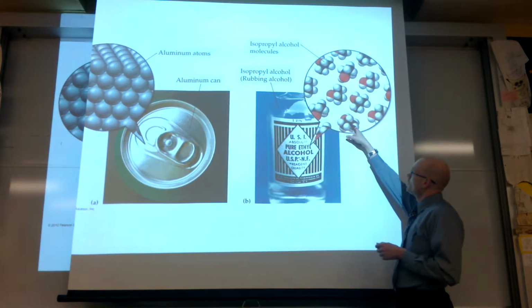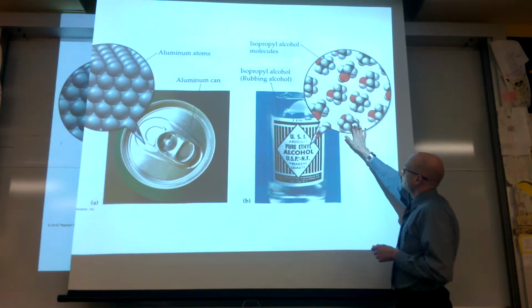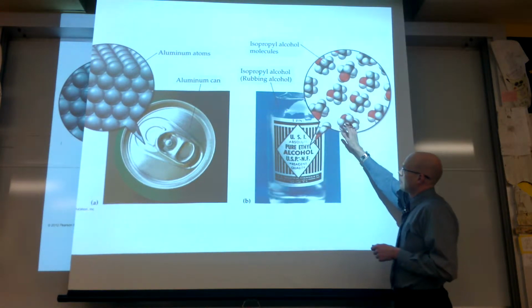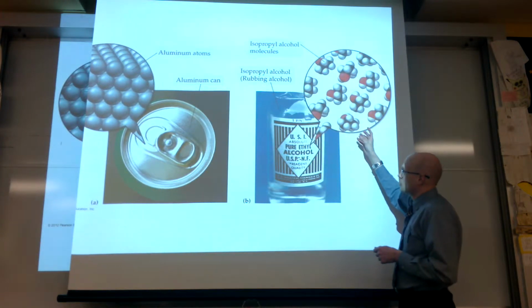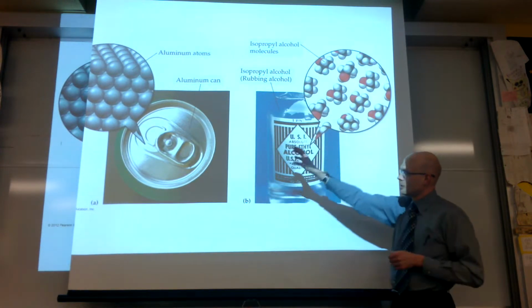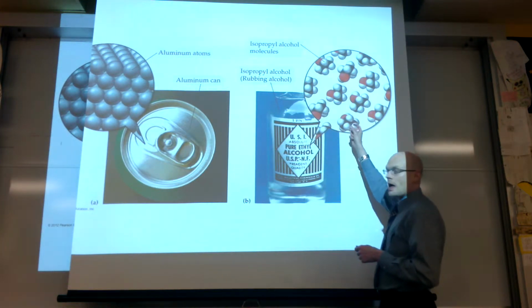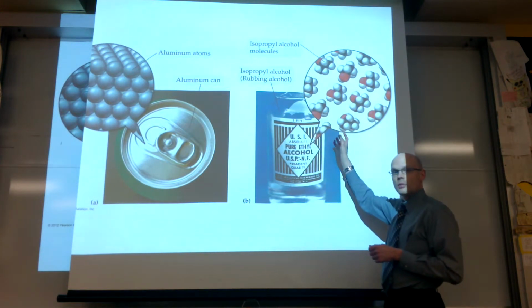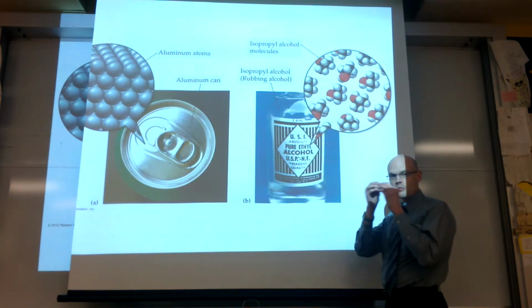You've got some carbons, an oxygen, which is the red one, and these white atoms are hydrogens. Typically those atoms are held together by covalent bonding, where electrons are shared between the two bonded atoms.